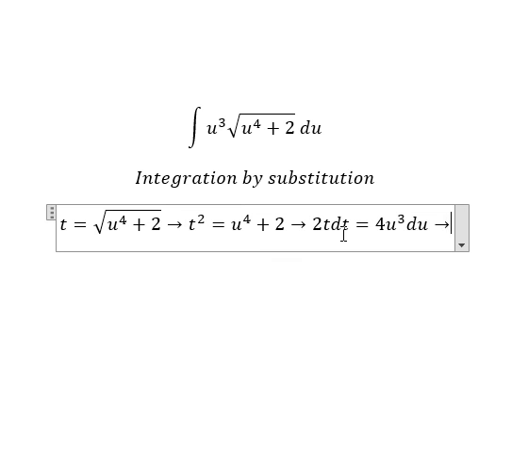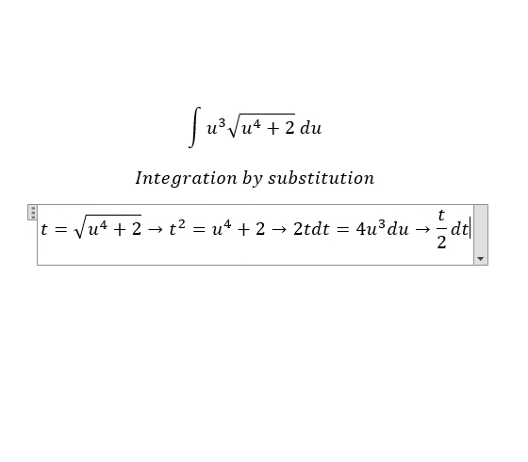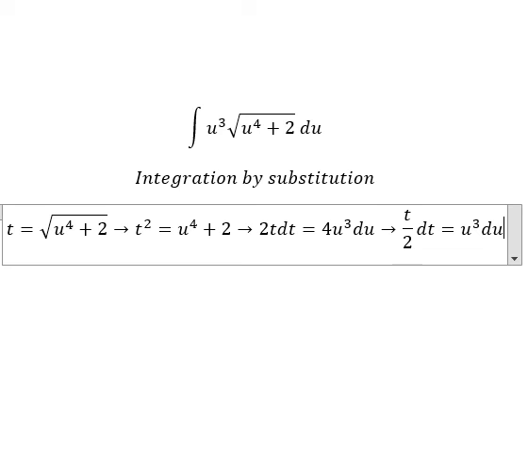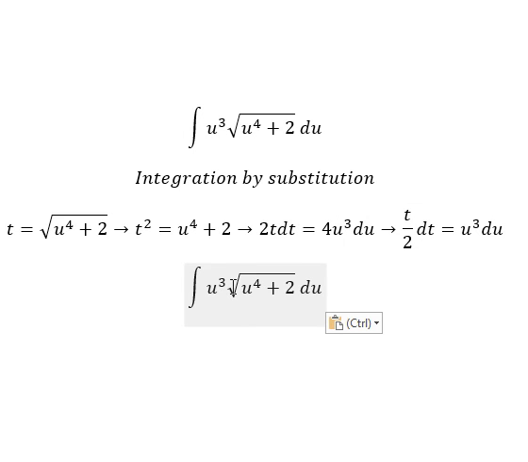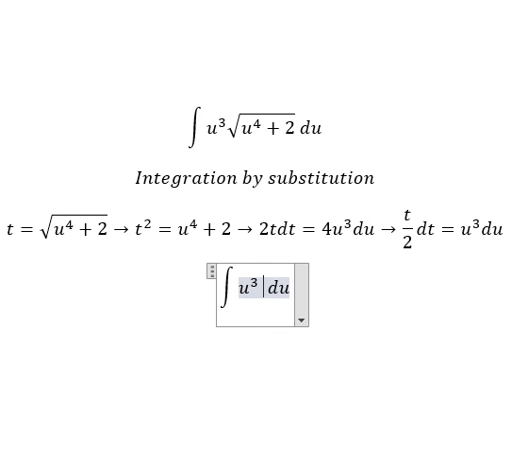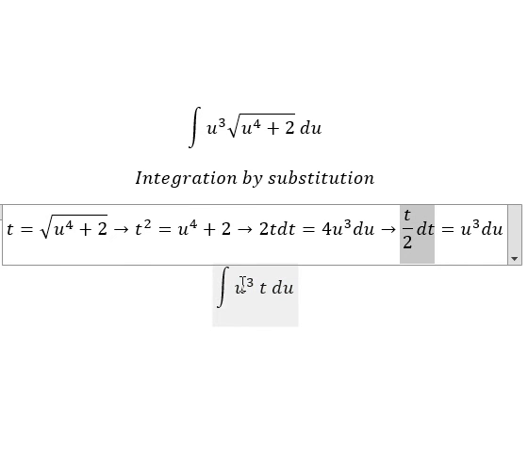Next, we divide both sides by number 4. The square root we change for t. u to the power of 3 du we change for this one.